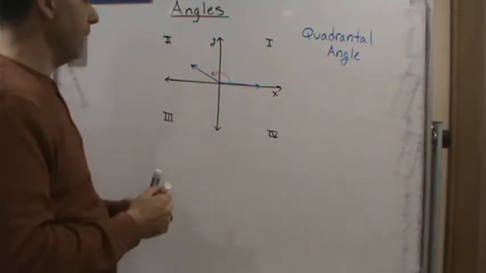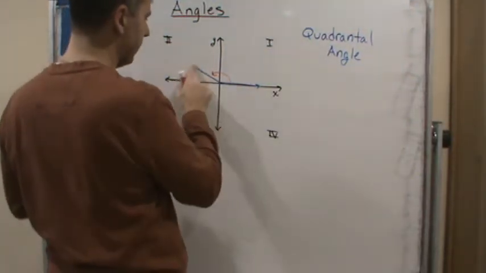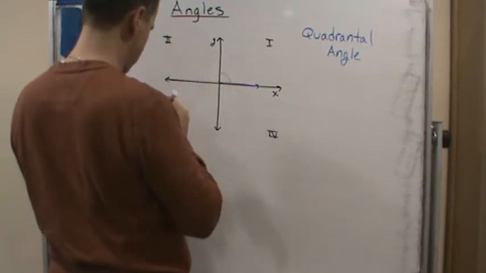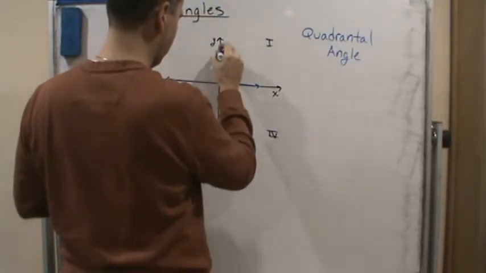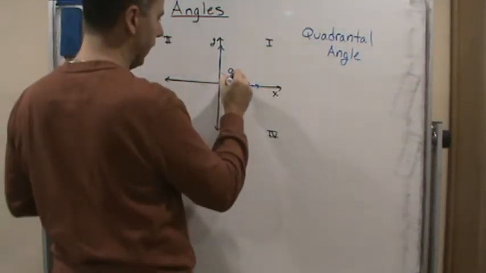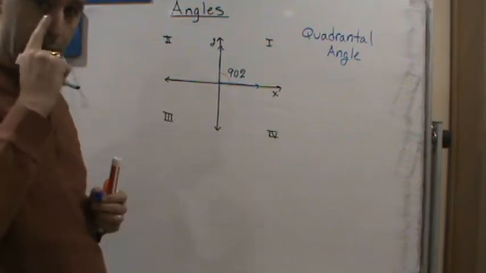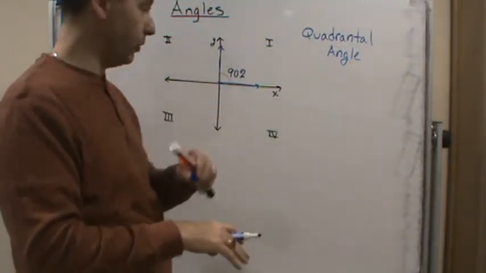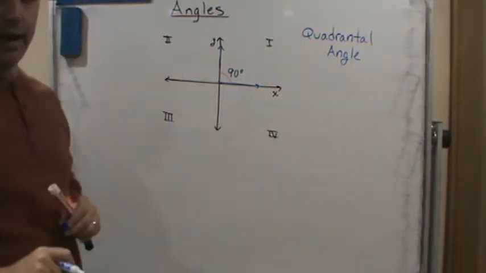If we look at the quadrantal angles, this here would be a 90-degree angle, because it's 1/4 of a circle, and 1/4 of 360 degrees is 90 degrees.